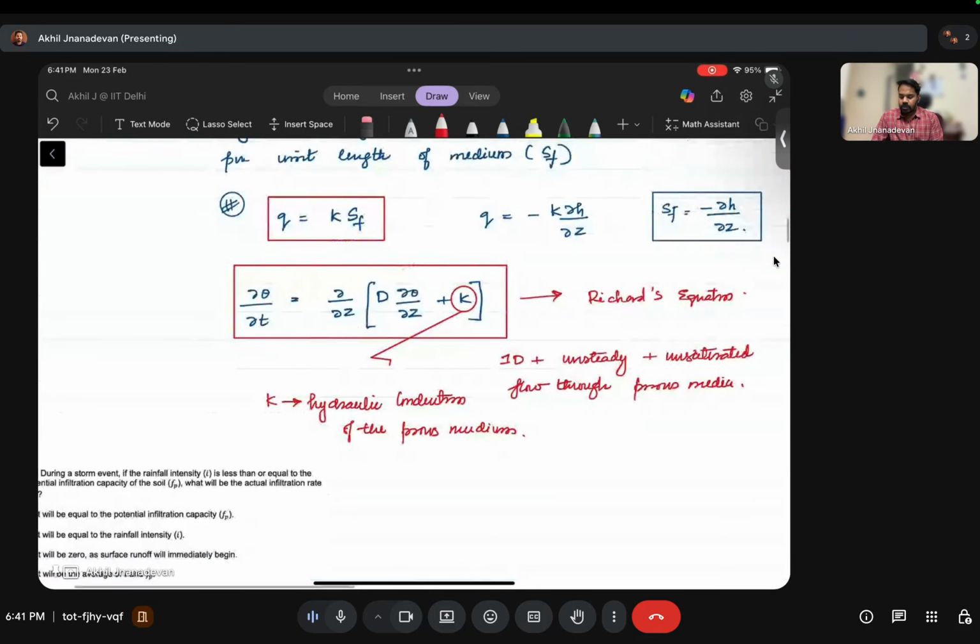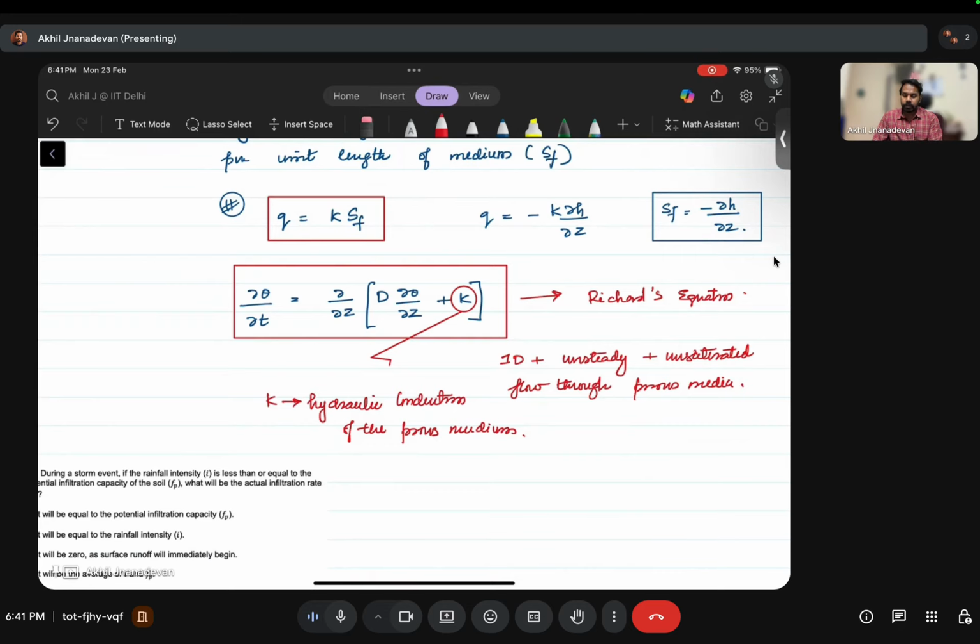So this is the famous Richards equation, and the only thing that you have to remember is how we are getting this, by making use of the continuity and momentum equation. Here, the continuity equation we derived using the control volume concept and we applied RTT. But in case of the momentum equation, we are relating the Darcy flux that flows through the control volume to a laminar flow through a closed conduit, and that particular momentum equation for laminar flow through a closed conduit we have already derived using the RTT.